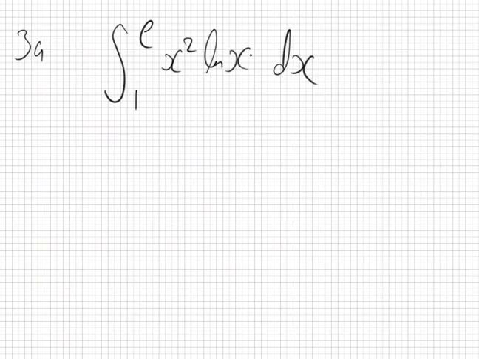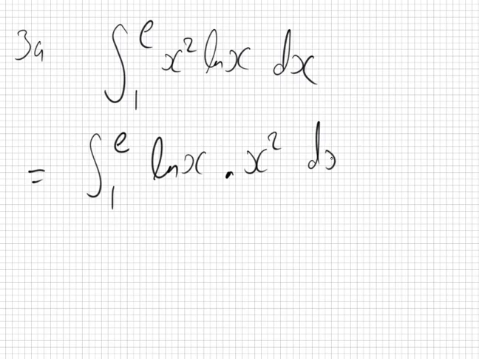So this is integration by parts, 1 to e, x squared log x. So what do I need to do first? Firstly, I have to swap them because the log should always be first. So this can be written as 1 to e, log x times x squared.